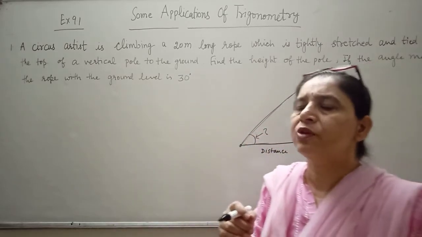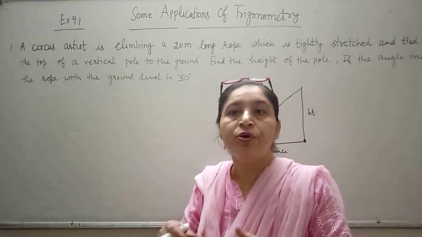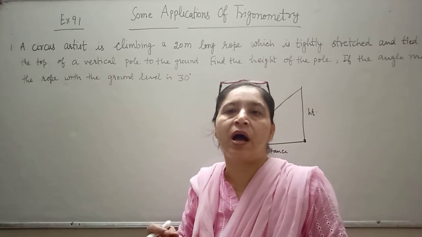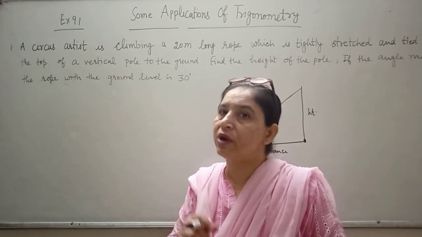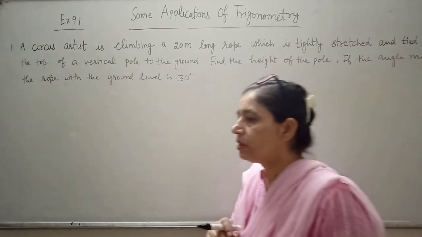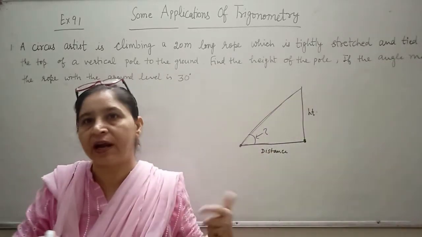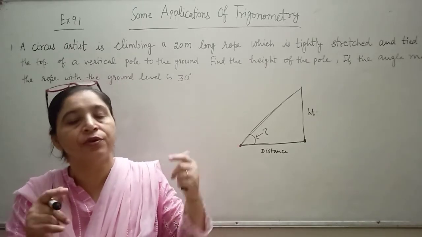But what if you want to find the height of a very high building yourself? Every time it is not possible that the data is given to you, so you need to find the angle of elevation yourself.